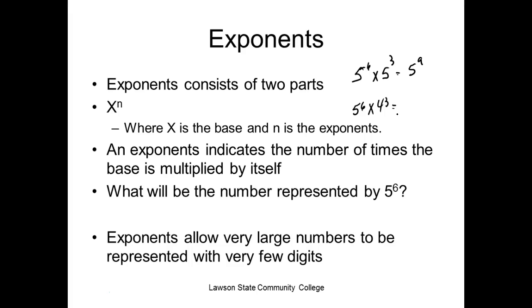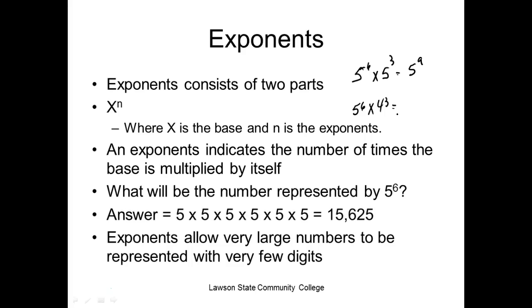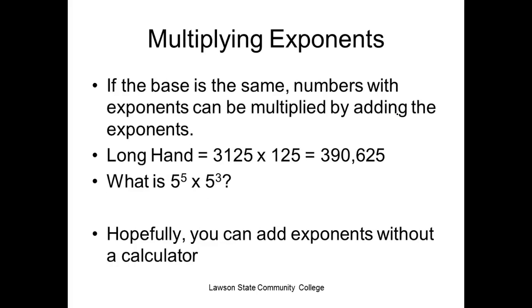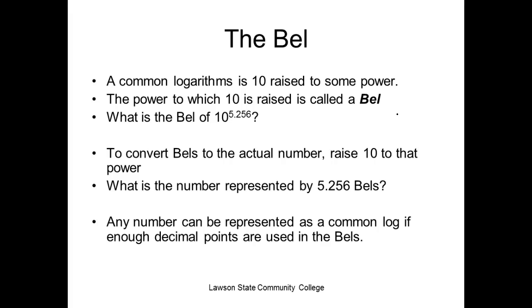Well, if we had a system that was guaranteed to use the same base, then we could represent numbers with their exponent instead of the base if the base was understood. Y'all understand that? Multiplying exponents, if they have the same base, we can add them together. Are we okay? All right.